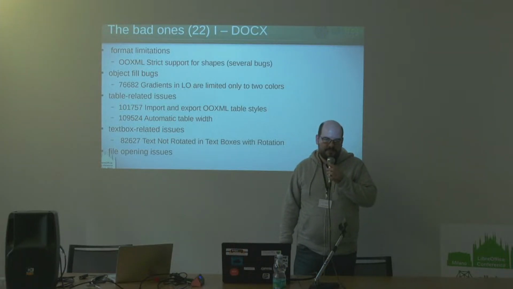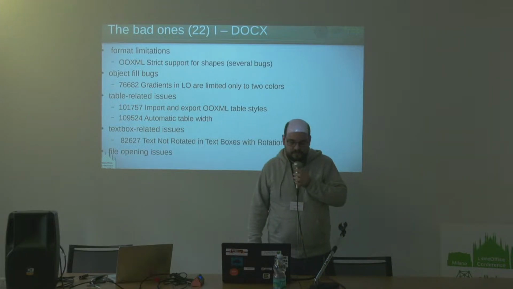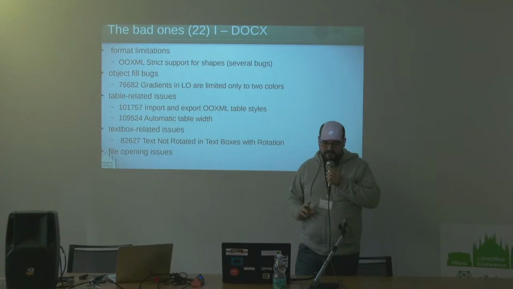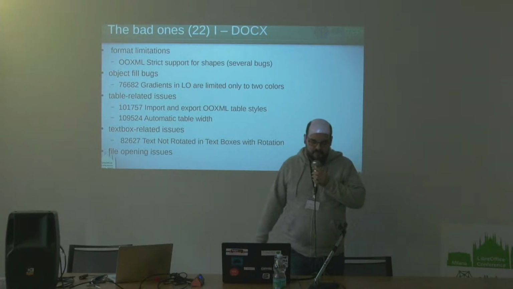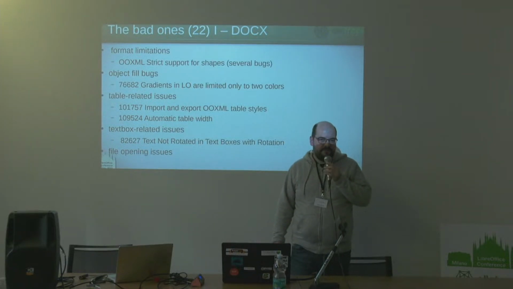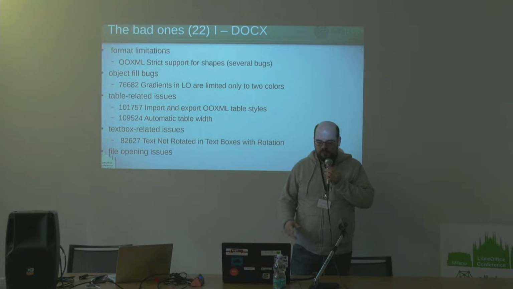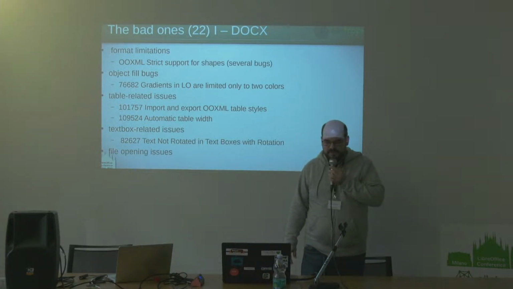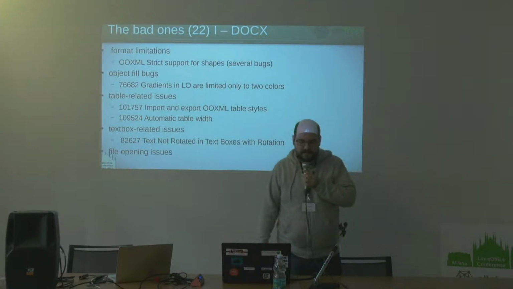For example, there is OXML strict support in the shapes category. It just shows that for this very new OXML strict standard, we don't have very many bug reports, because it should not just affect the shapes for which we have existing reports.